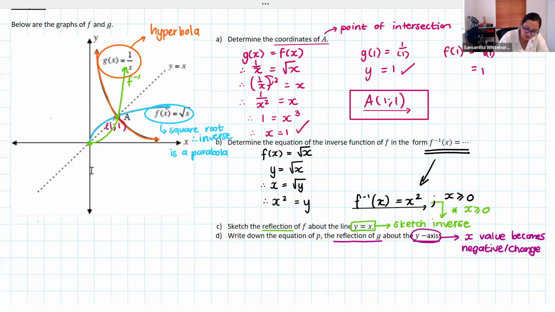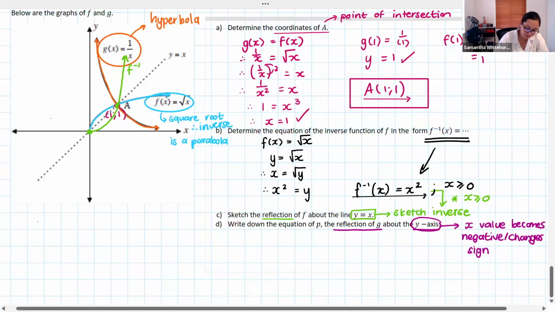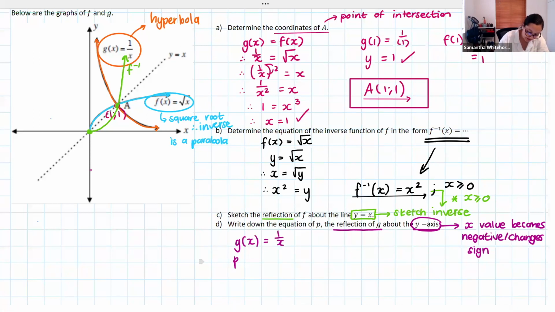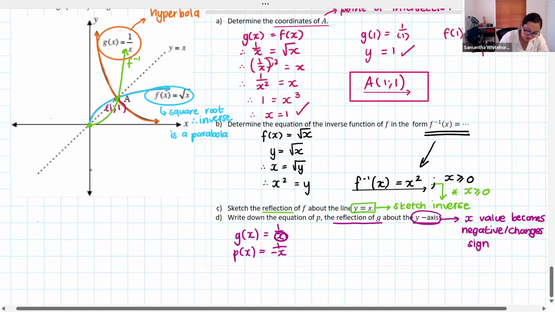So if it was negative, it's now positive. If it was positive, it's now negative. So g of x was our hyperbola, 1 over x, which means p of x is now where this x coordinate is negative. So 1 over negative x, which means p of x is negative 1 over x.